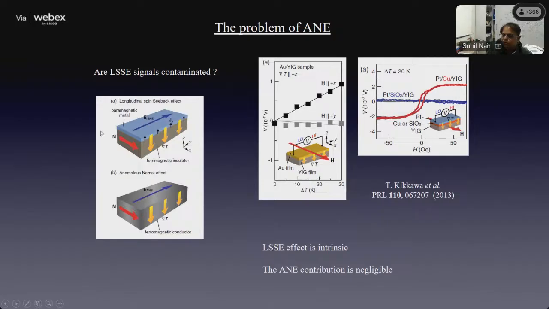Now, if your system has an anomalous Nernst effect, then that voltage would add on to the spin-Seebeck voltage. What that basically means is that if your magnetic system is a very robust insulator, you don't need to worry at all. All that you will measure is the longitudinal spin-Seebeck effect. But if your magnetic subsystem is a magnetic semiconductor or dirty metal, then the total voltage which you measure will be a combination of your spin-Seebeck voltage and your anomalous Nernst voltage.